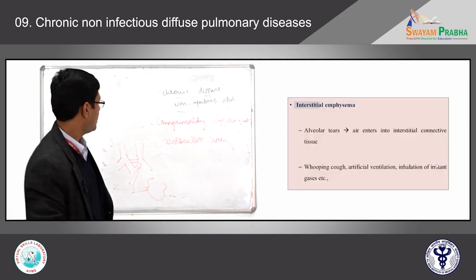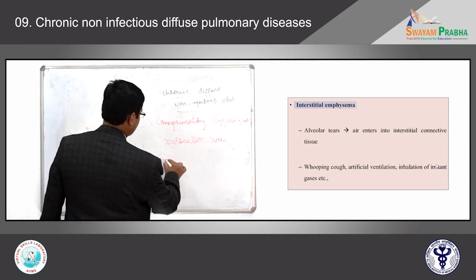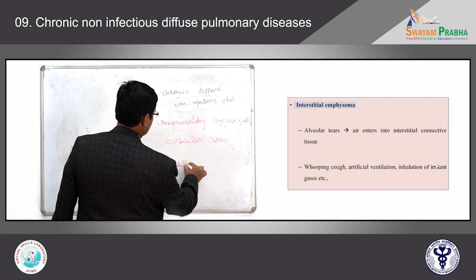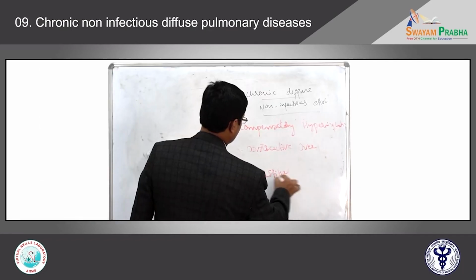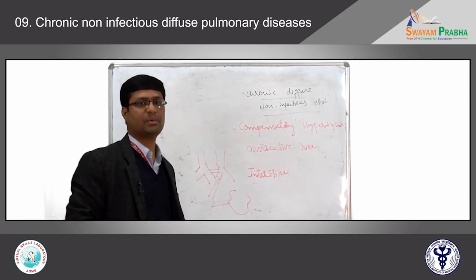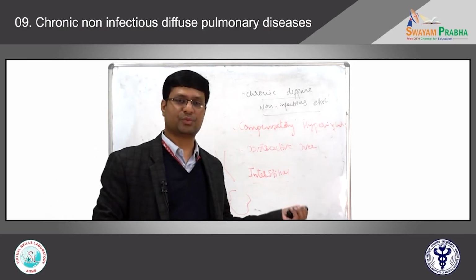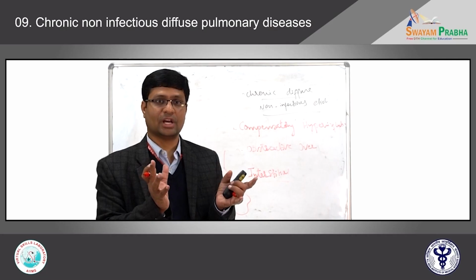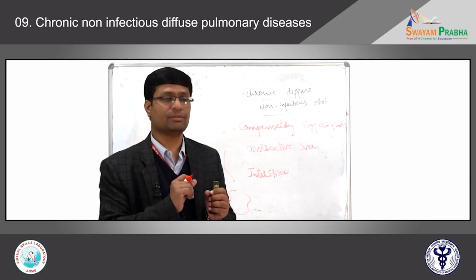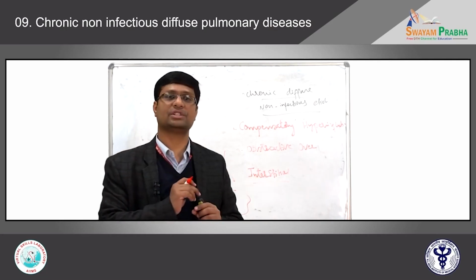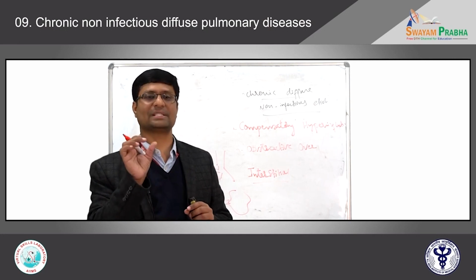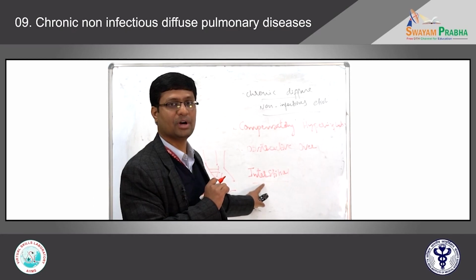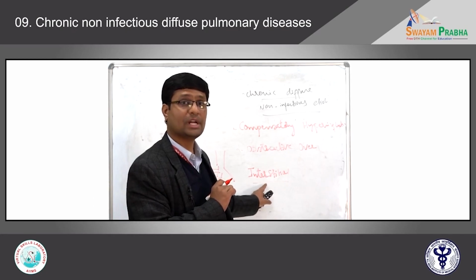Okay, and the last one is interstitial emphysema. What is interstitial emphysema? As we discussed previously, emphysema is nothing but more and more air getting collected in the alveolar lumen. What if the air collects in the alveolar interstitium? Then we use the word interstitial emphysema. Where does it occur?